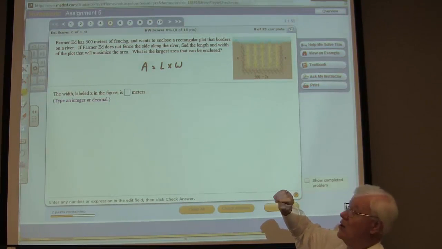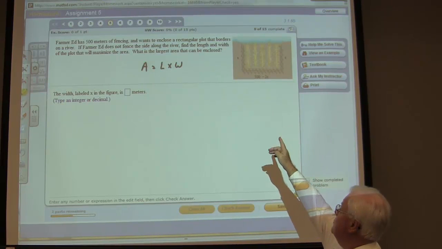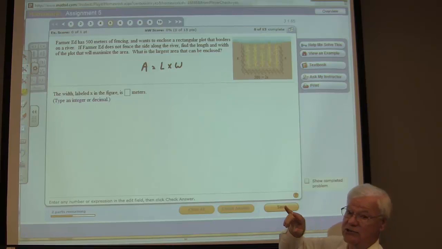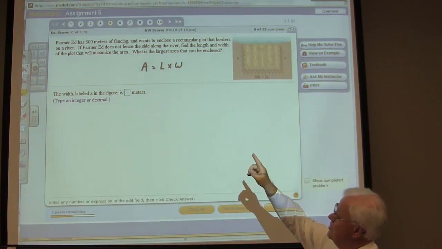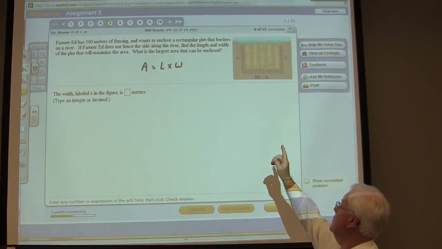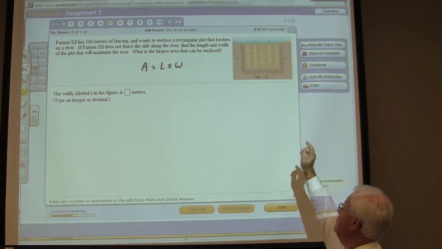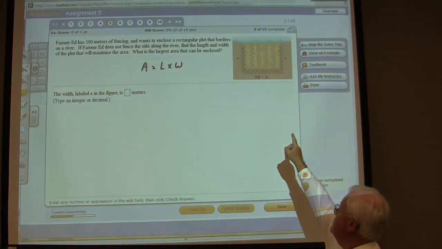But I'm using fencing on both ends of that field, so I have x on the left-hand end and x on the right-hand end, so that's 2x of fencing. I started with 500, so the long side has got to be what's left after I've done the two short sides. So that's the 500 originally minus those two x's.